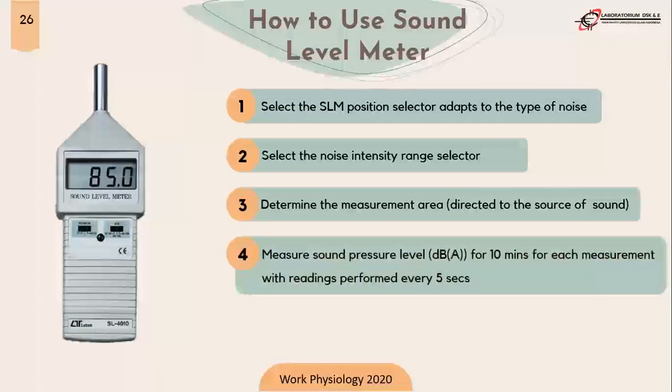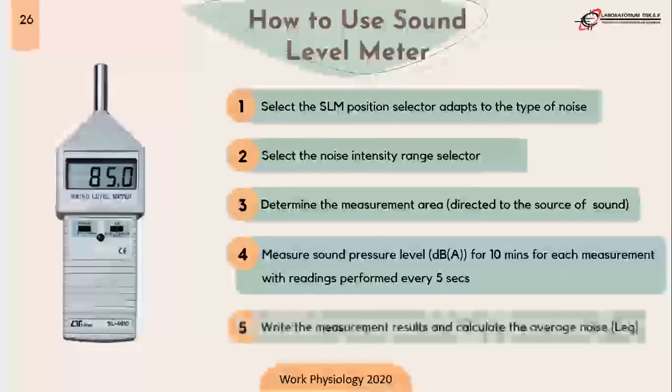Fourth, measure the sound pressure level in decibel A for 10 minutes for each measurement, with recordings performed every 5 seconds. Then for the last, write the measurement result and calculate the average noise.